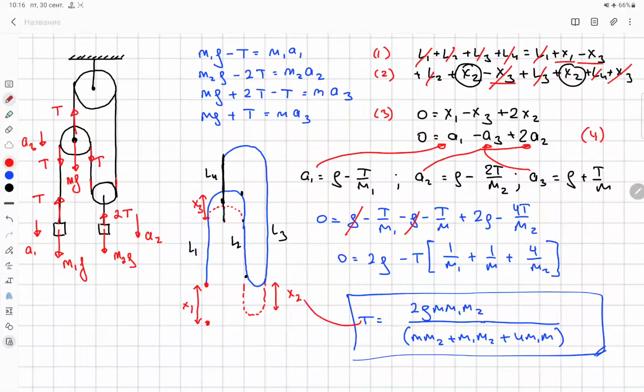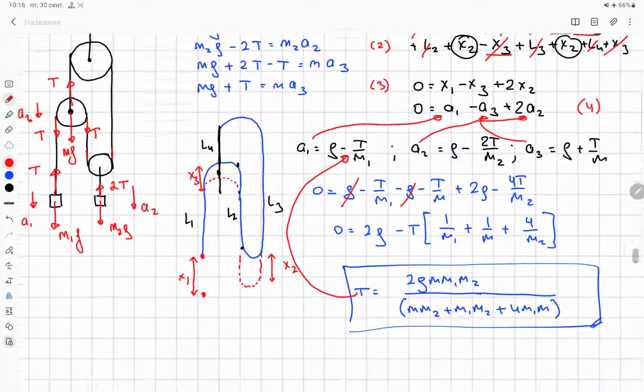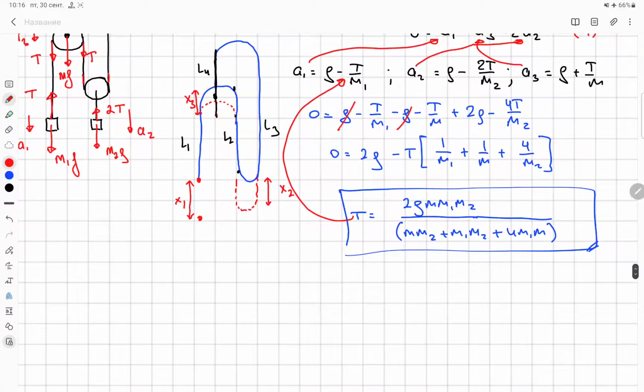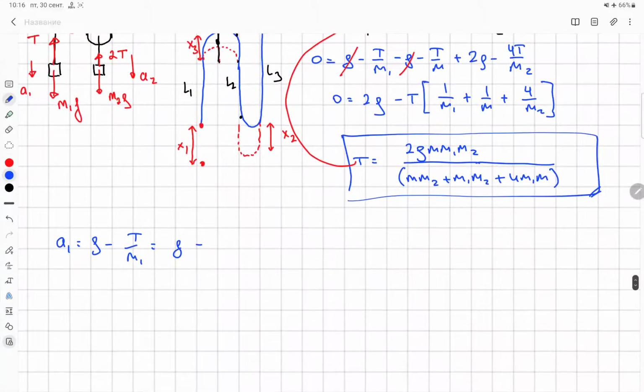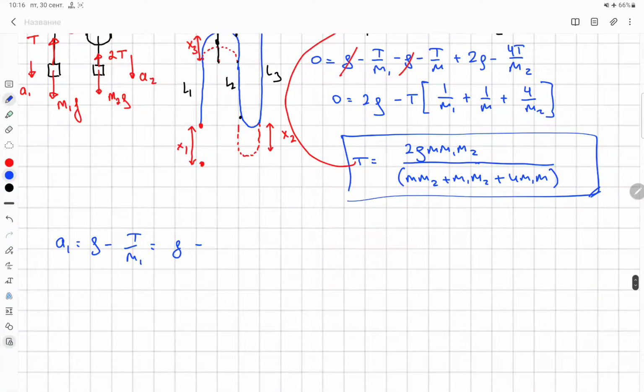So this is the tension. Once we know the tension, we can come back to equation 1, equation 2, and find accelerations. Let me find only one acceleration. a1 equals g minus T over m1. It means g minus, here m1 will be lost, 2g m2 divided by (m2 plus m1 m2 plus 4 m1 m).